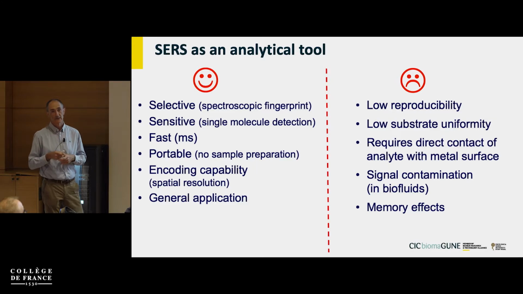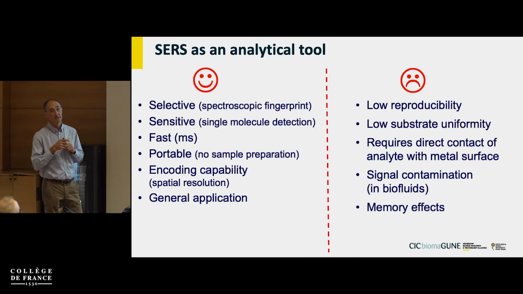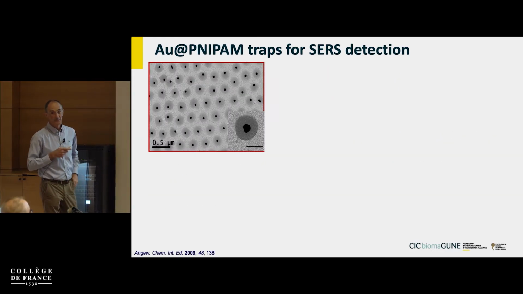And you can also have so-called memory effects that may force you to use a new substrate every time you want to do a measurement. Because if the molecules that you're measuring at time 0 are staying on the particles, if you measure at time t, you will also record the molecules that were present at time 0. So I will tell you more about this next week, about how to resolve it, I mean.